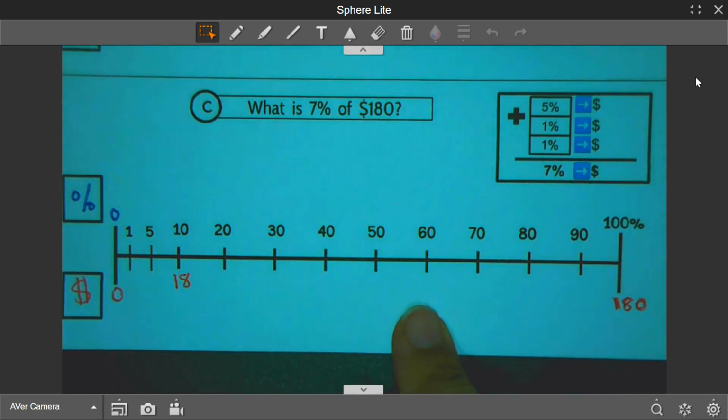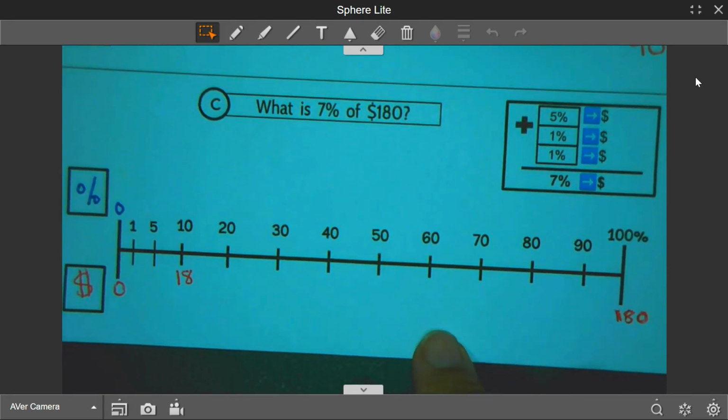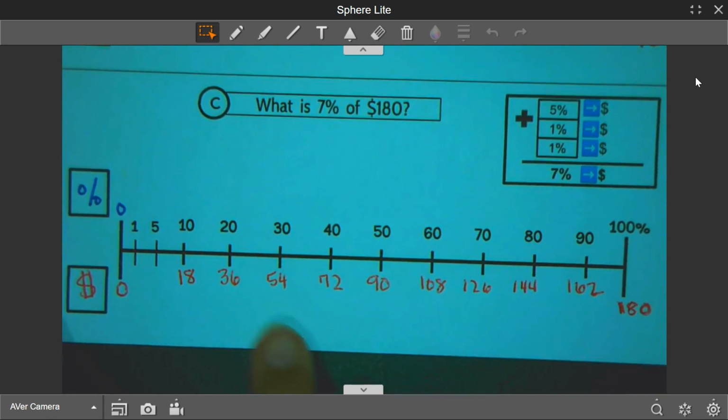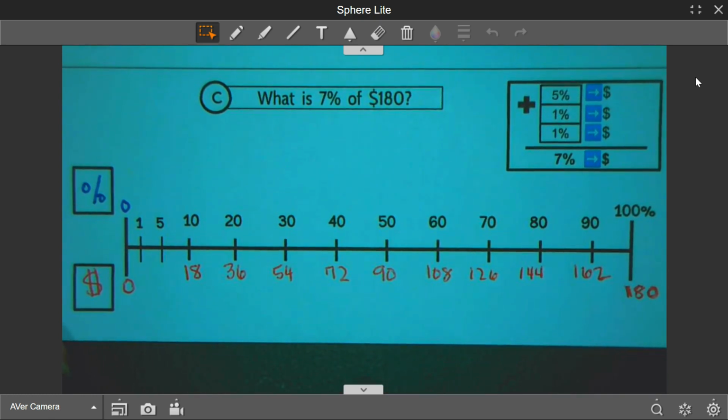Go ahead and do as many as you can. And now check it or finish it. So it goes up by 18 each time. You could have also used the multiplication chart in your agenda.